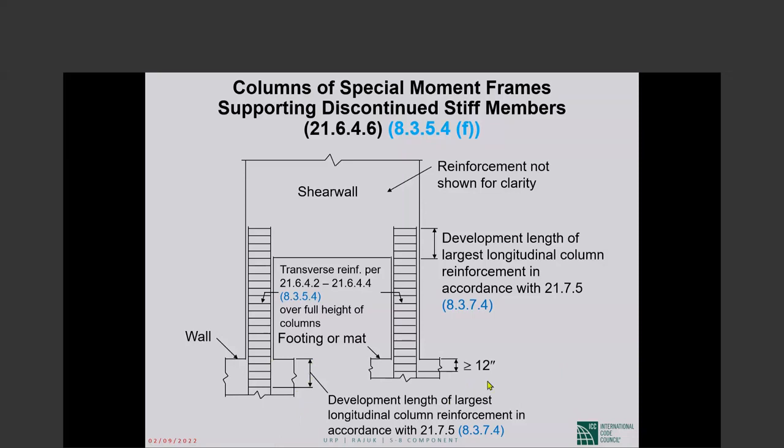Okay. So the main thing is, if you have a column supporting a discontinued shear wall, design category D, the special transverse reinforcement, which you would normally place within the plastic hinge region only, shall be provided throughout the height of the column and at least 12 inches into the footing.